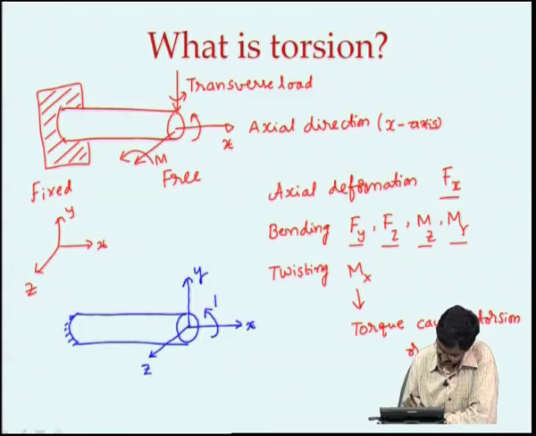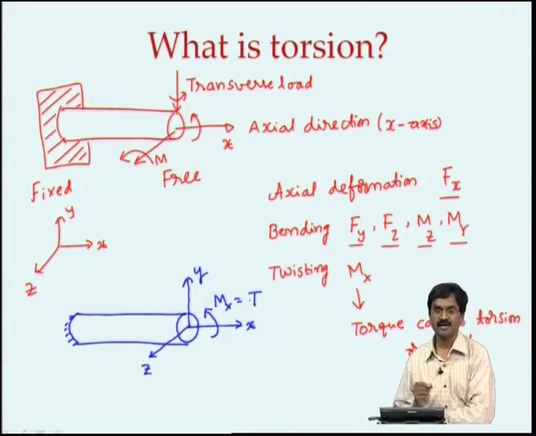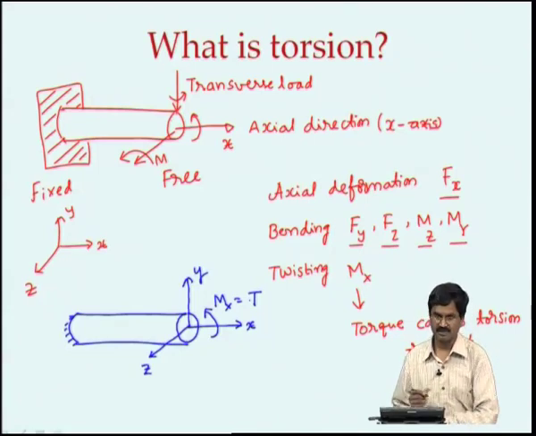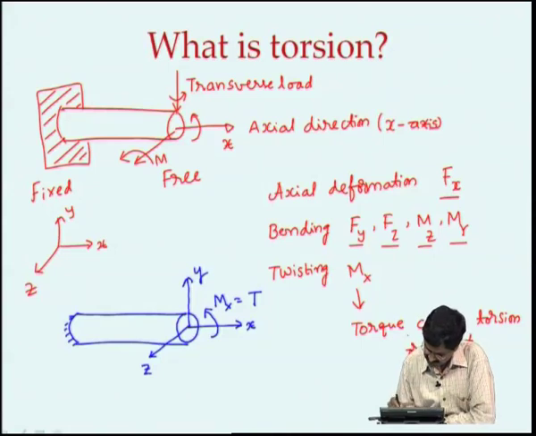If there were a moment about the x axis, that is called a torque. We use capital T to denote the torque. Now, the effect of this is to twist it.